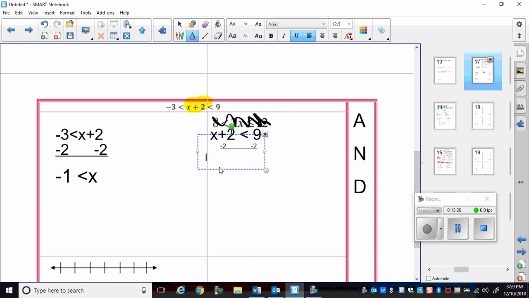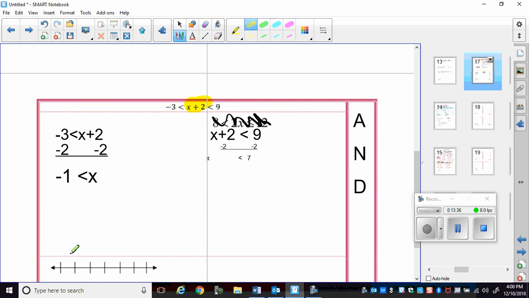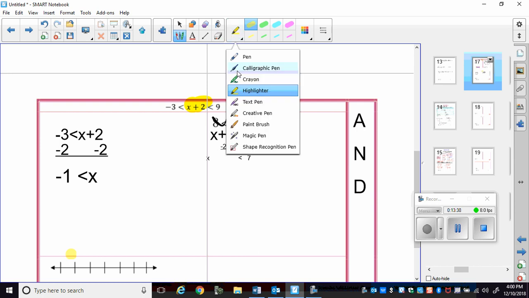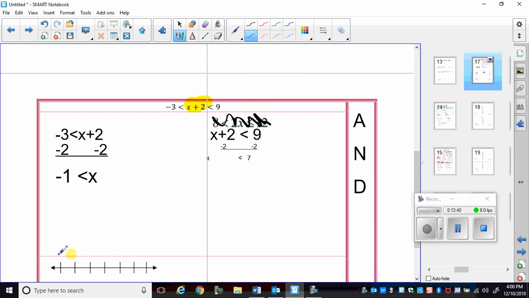I get x is less than 7. So there's my two numbers. I have -1 and I have 7 somewhere over here.